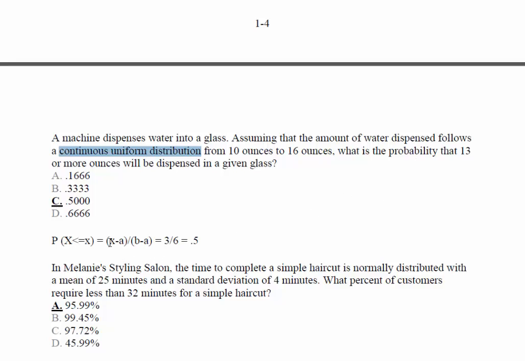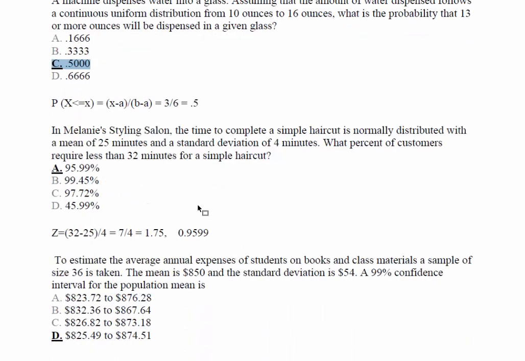You use the equation X minus A over B minus A. Here A is 10 and B is 16, so the numerator is 16 minus 13, that's 3, over B minus A, 16 minus 10, that's 6. You get 0.5. Therefore, C is the correct answer. Okay. Next one.